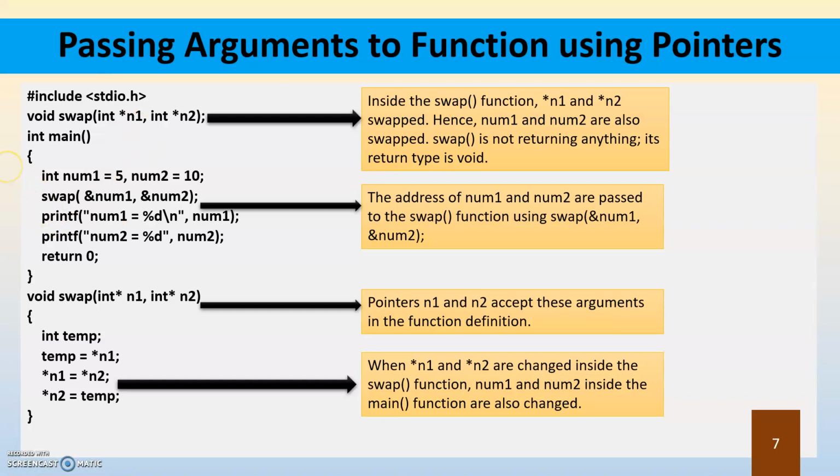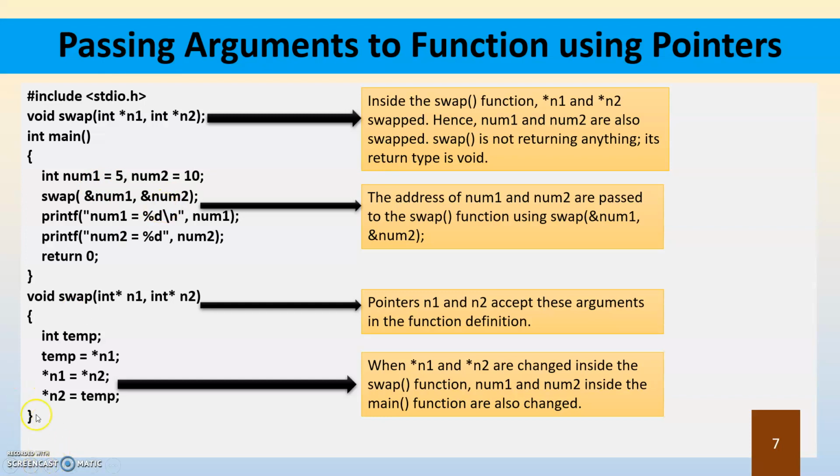Number1 is assigned 5, number2 is assigned 10. Now we use the swap function, which we created earlier above in the declaration. Swap takes the address of number1 and the address of number2.